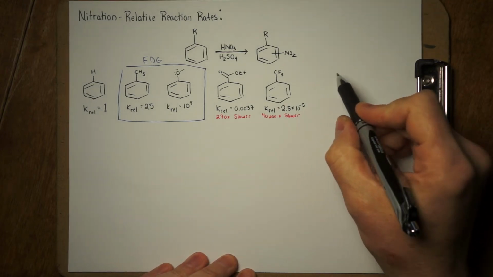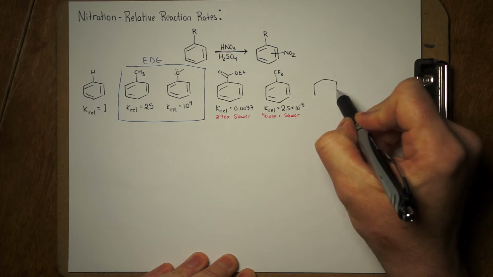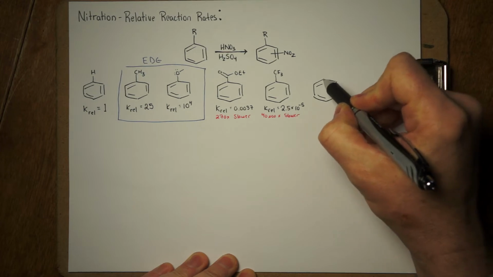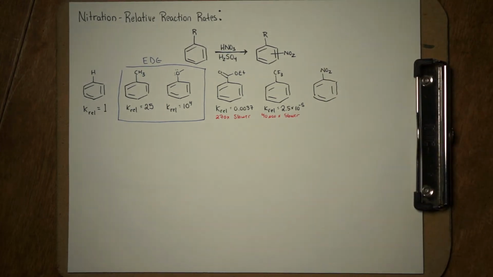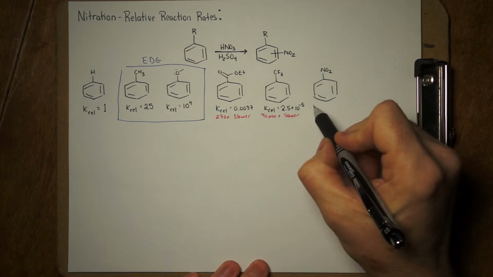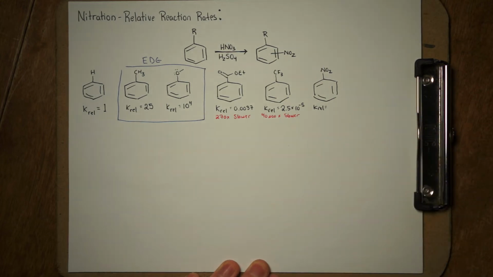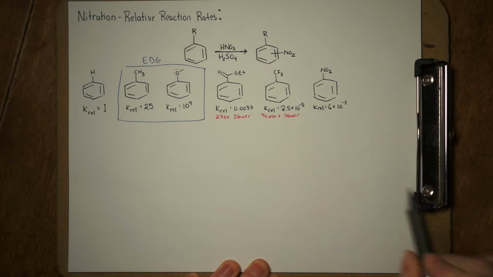Okay, if we look at two more electron withdrawing groups. So we're doing nitration. What if we put a nitro group, or what if we start with nitrobenzene and try to do a subsequent nitration of that molecule? Well, that's going to be really pretty difficult. The relative rate of the reaction is 6 times 10 to the negative eighth.